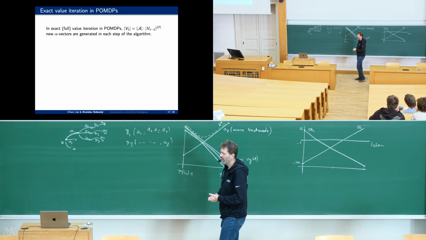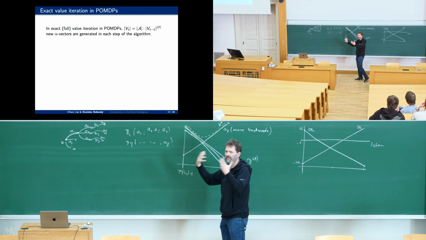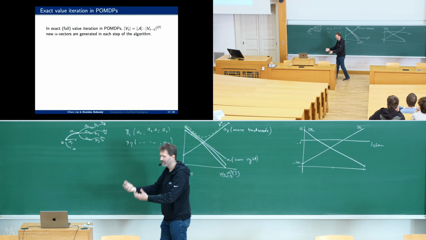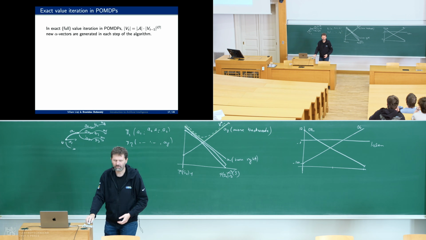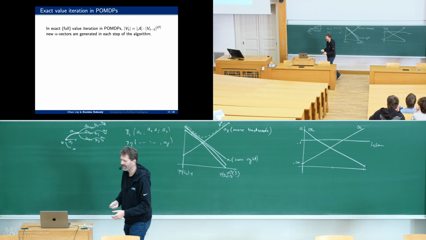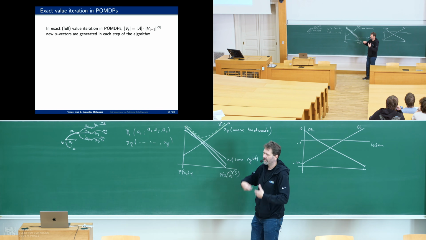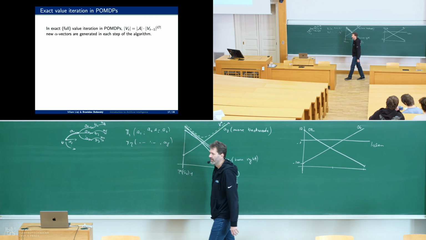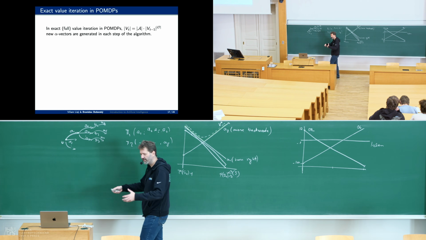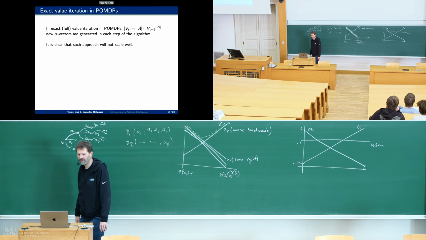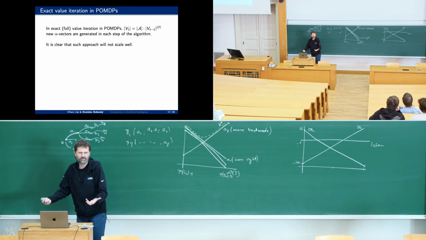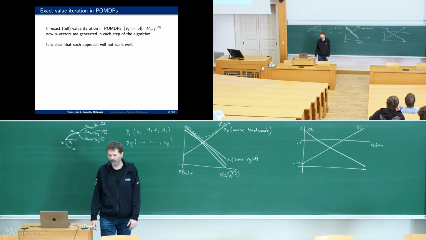Then the number of alpha vectors increases exponentially with every step of the iteration. So this is not really practical, right? Depending on the number of observations, we can create exponentially many alpha vectors with each step of the algorithm, and this really will not scale well.